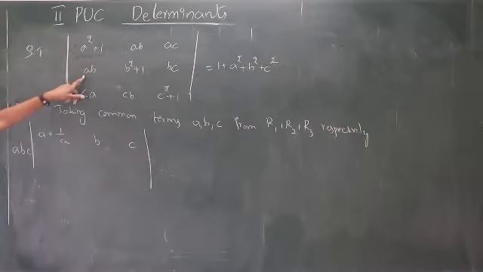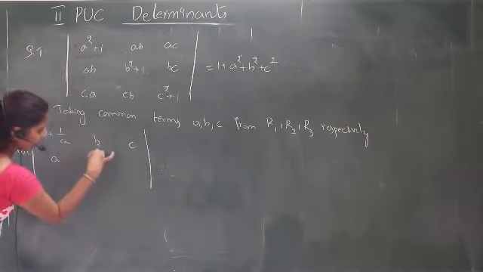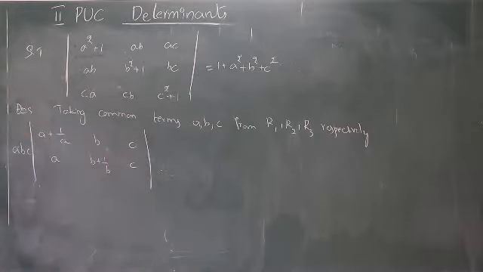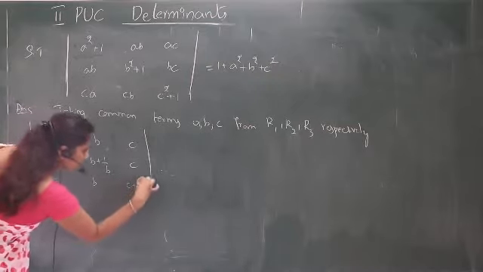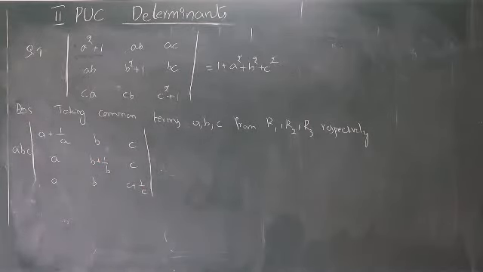And here I am taking b, so we get a, b plus 1 by b, c. Here I am taking c, so a, b, c plus 1 by c. I have taken common terms a, b, c from R1, R2 and R3.